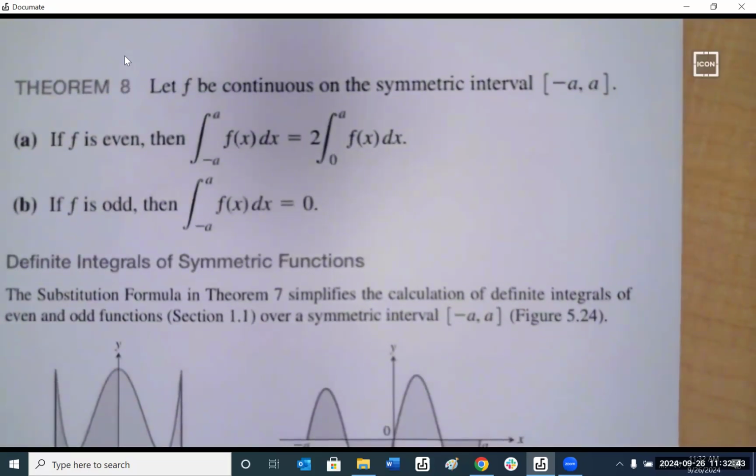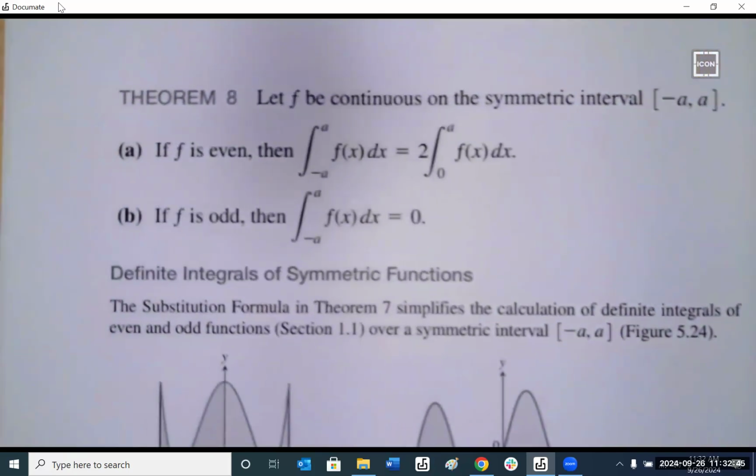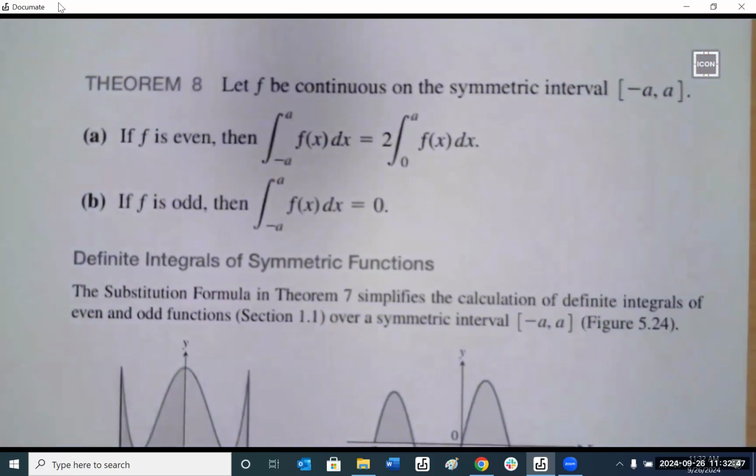Because this is a very important one that's going to save a lot of time for you. Theorem 8 says that f is a continuous function on a symmetric interval. This is important. It's got to be continuous because there can't be any jumps, and it's got to be a symmetric interval, negative a to a.